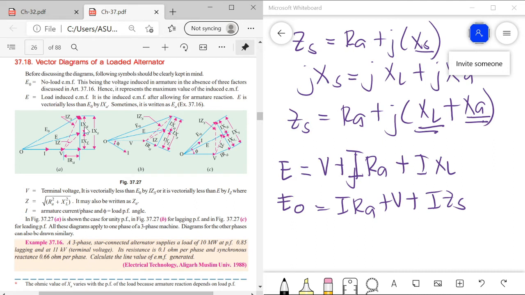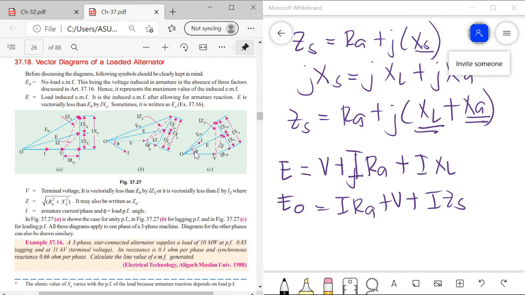They are just the same, only the angle differs among the unity, lagging and leading. So here our current leads the voltage by a certain angle because our load here is a leading power factor.